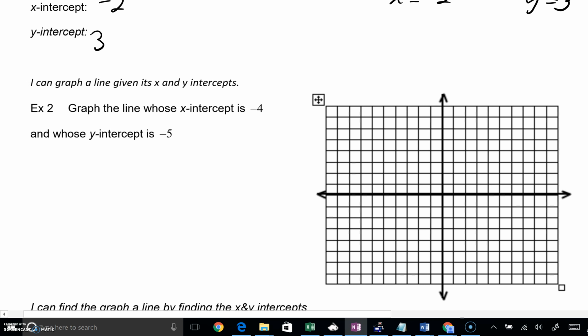Let's go to number 2. It's a different learning topic, different learning target. I can graph a line given its x and y intercepts. Well, guys, one little thing that I do want to call to your attention, and this is especially important when you're working out the graphs on Alex today. You're going to see that for problems like this, the spacing is really one tick mark.